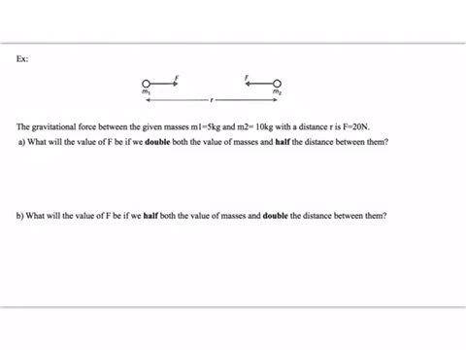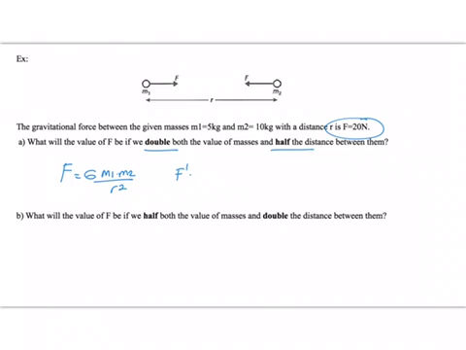In the example, the gravitation force between the given masses is 20 Newtons. So first, what will the value of F be if we double both the masses and halve the distance between them? Our initial force is equal to G m1 times m2 over r squared.